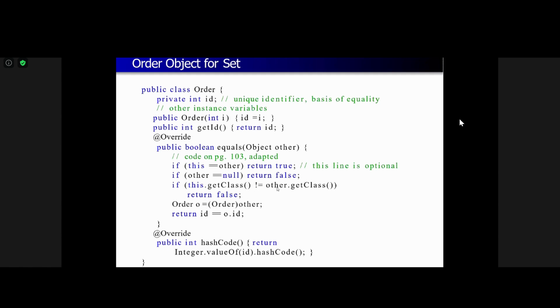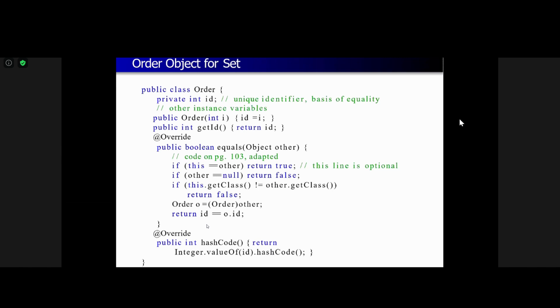Once we know the classes are the same, then we can take this object and cast it to an Order object, knowing that its class is Order, so this won't blow up on us.